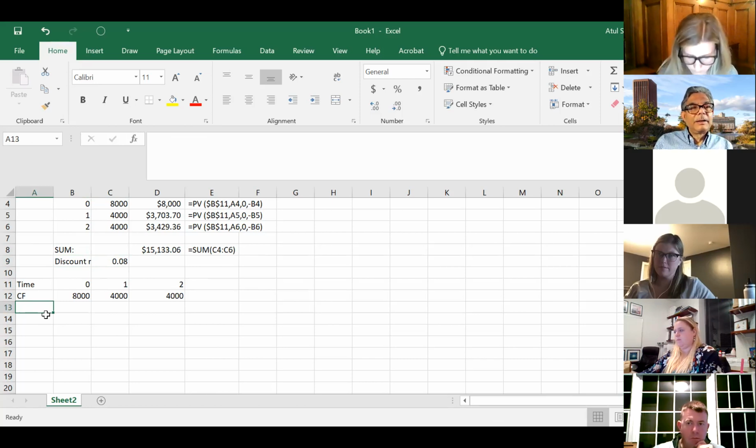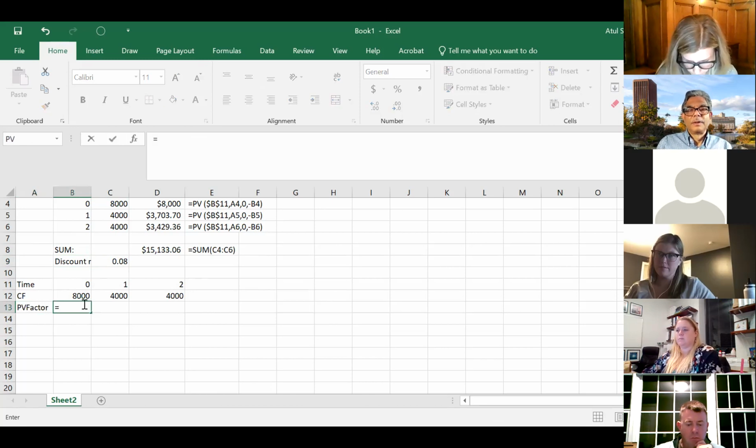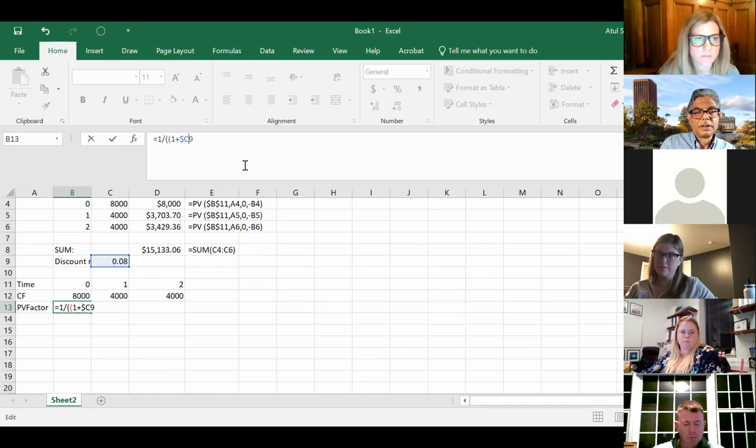So my discount factor or the present value factor equals 1 divided by (1 plus R), where R is my 0.08, and I'm going to fix this cell so it doesn't change, with dollar signs.